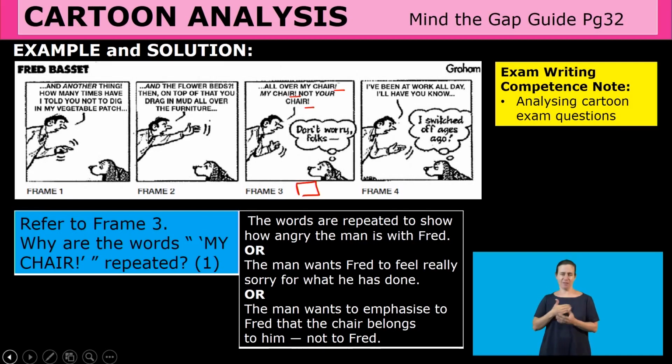Or, the man wants to emphasize to Fred that the chair belongs to him and not to his pet. So to drive home this point, the cartoonist allows the character to say the words repeatedly so that this point is driven home. Okay, so now you've conquered how to answer a question where words or diction is repeated.